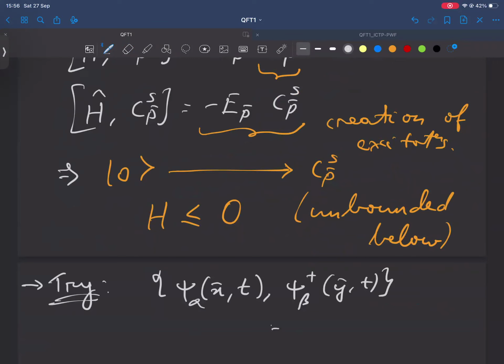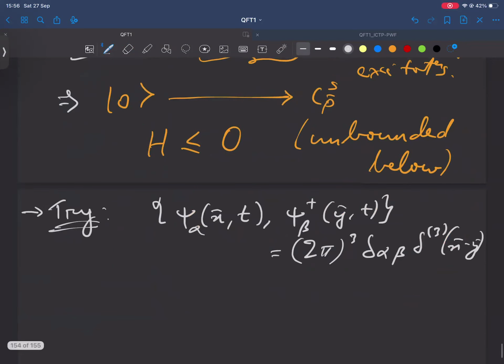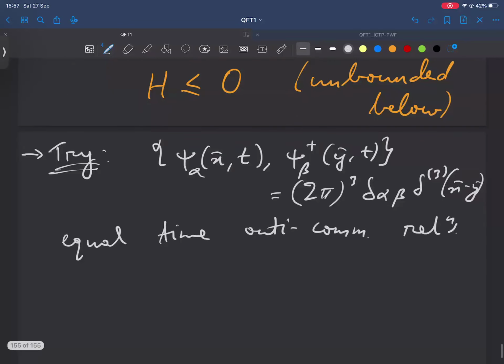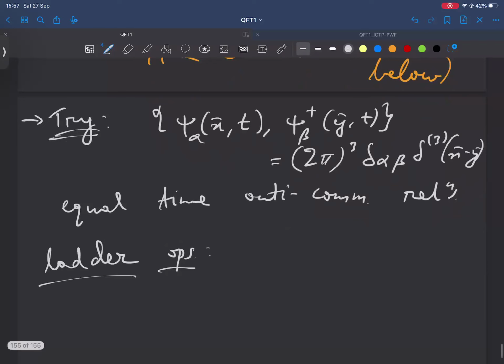It is (2π)^3 δ_αβ δ^3(x − y). So if you now impose equal time anti-commutator relations, then you can show that for the ladder operators, you will get a relation like this.